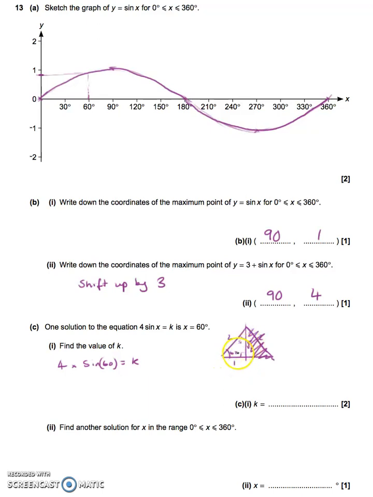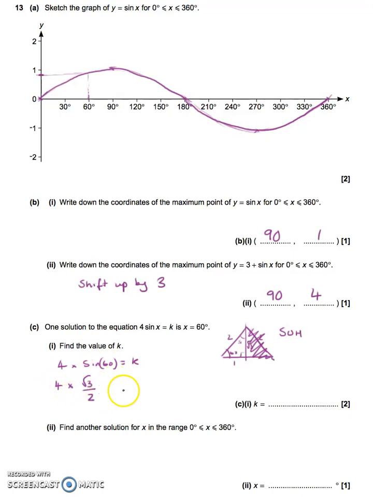So sine of 60: if we think about SOHCAHTOA, SOH, opposite over hypotenuse. Opposite is root 3, over hypotenuse 2. So sine 60 is root 3 over 2.